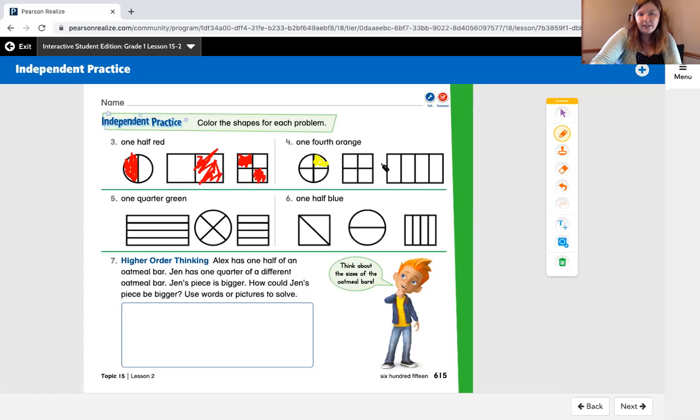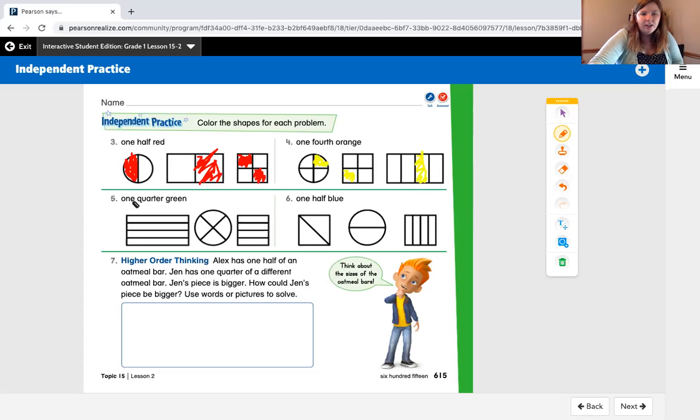Now, again, how many am I going to color in for this one? I want 1 out of 4. I'm going to color in 1 square. Good. How many am I going to color over here? Again, I'm going to color in just 1 out of 4.